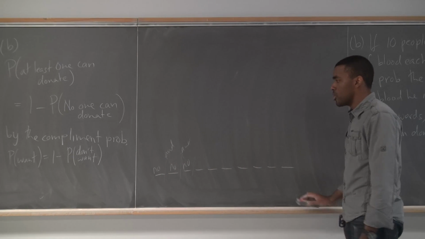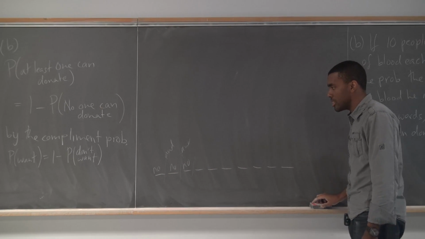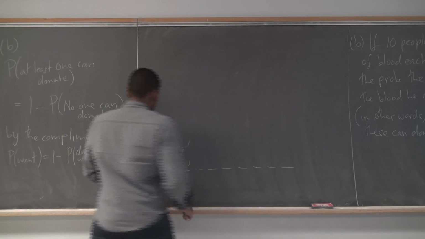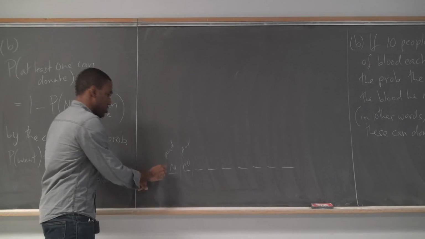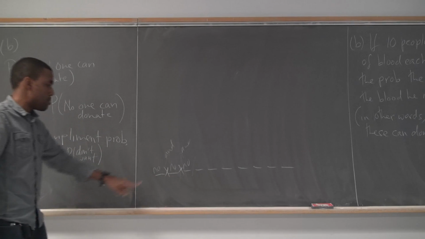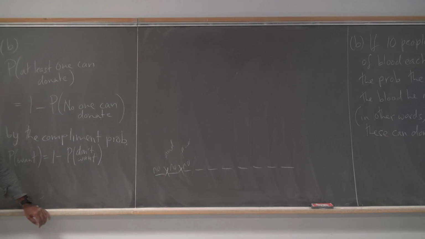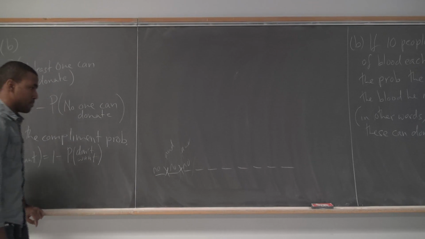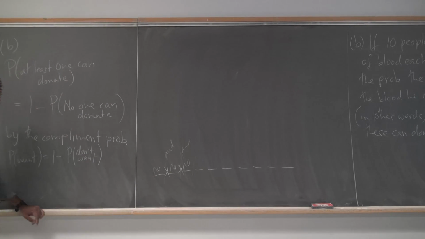Okay, so now that we know it's and, how do we figure that out? That's multiplication. So what's the probability of not, right? That would become multiplication. What's the probability of not being able to donate? I know the probability that we can donate. Right.